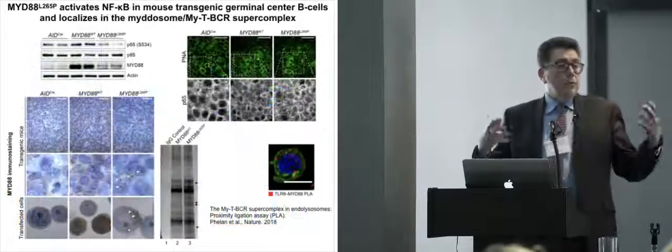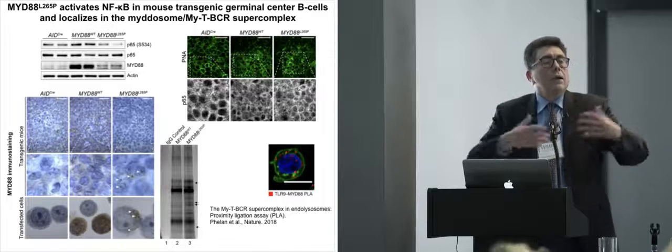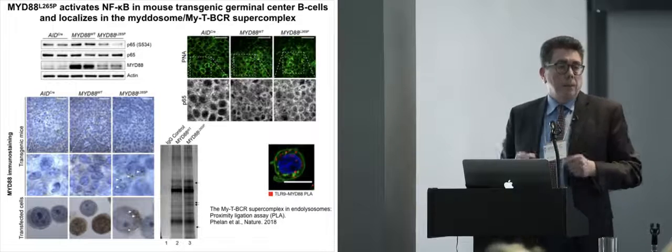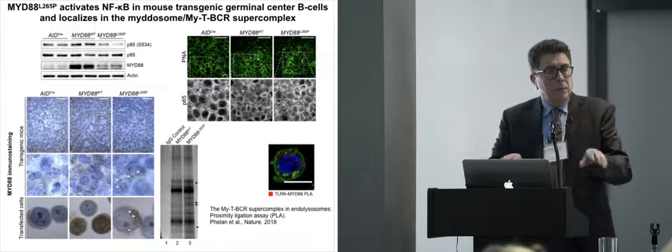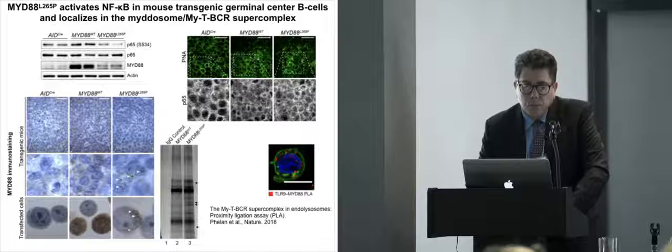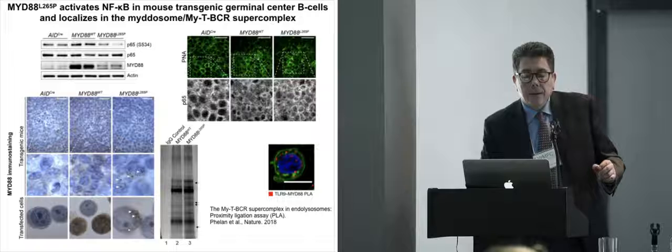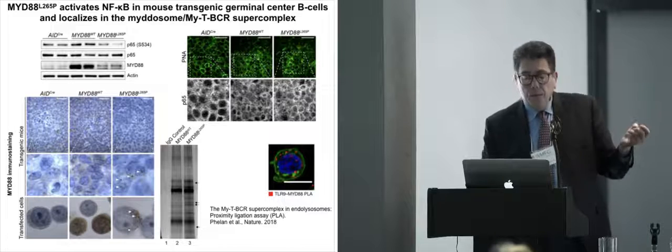So then we can use those animals to do biochemistry, something that we cannot do with patients. That's the reason this is important. All this work, we cannot do it with patients. So then we did Western blot. We prepared protein from a control animal or B cell that do have the wild type protein or the mutant protein.